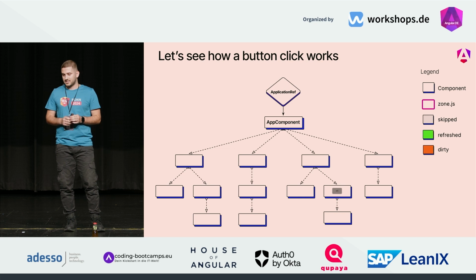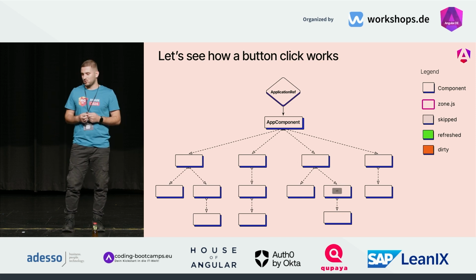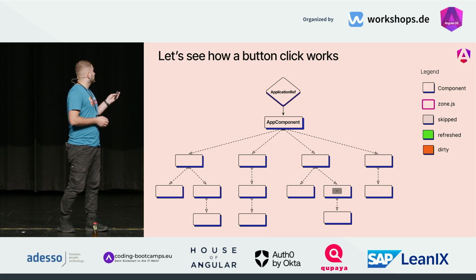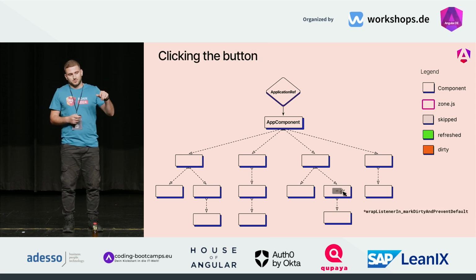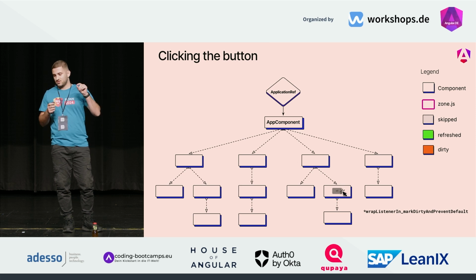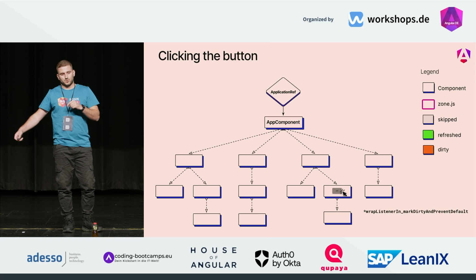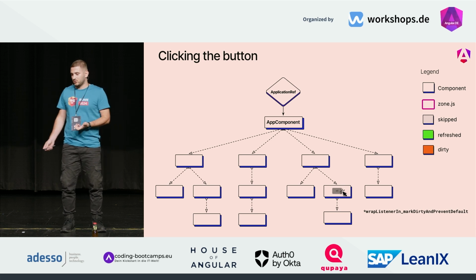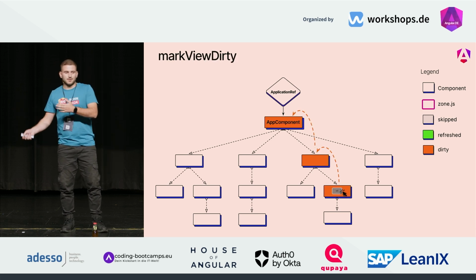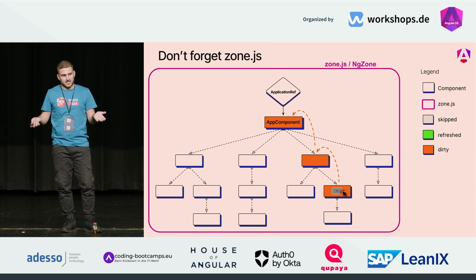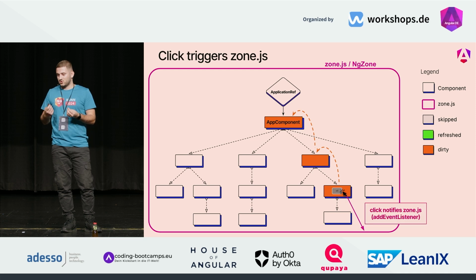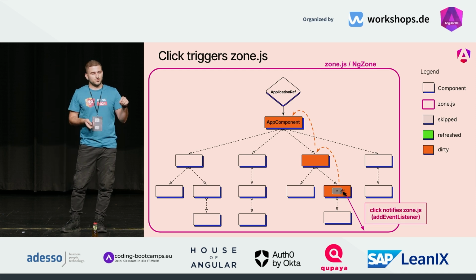So with this in mind, let's say we have a button click example. We have a button, like a +1 there, and then we click on the button. Angular calls this wrap listener, mark view dirty and prevent default, and what this will do is call mark view dirty. So we mark the current component and its ancestors up to the top as dirty. But don't forget about Zone.js, because Zone.js gets notified by the click, since Angular basically uses addEventListener under the hood.